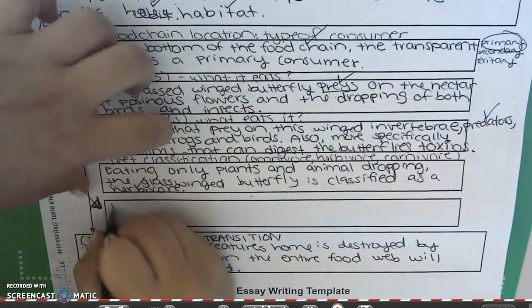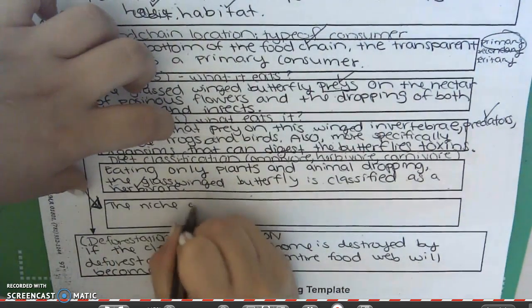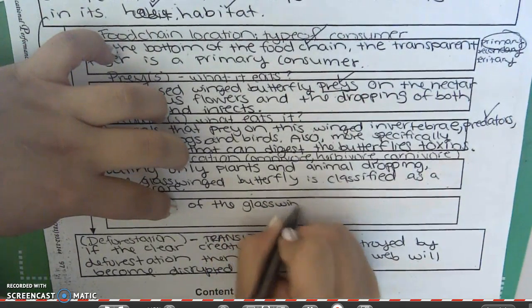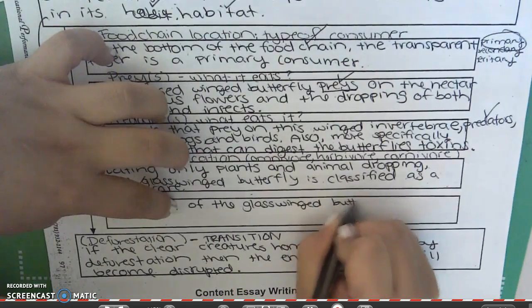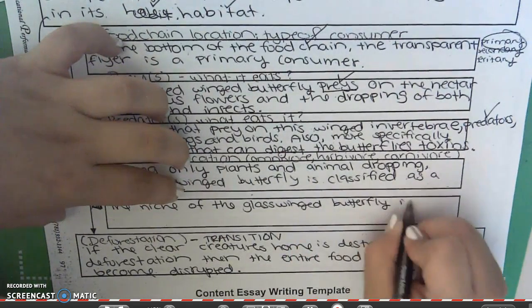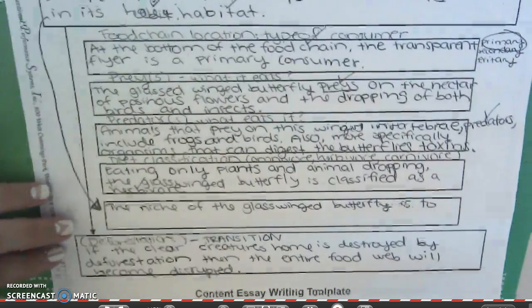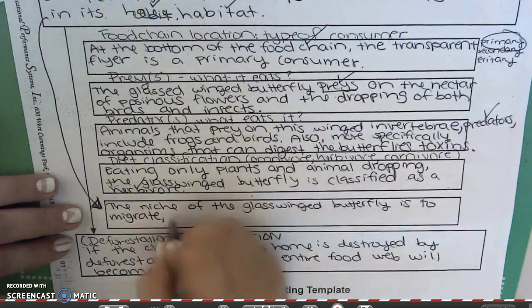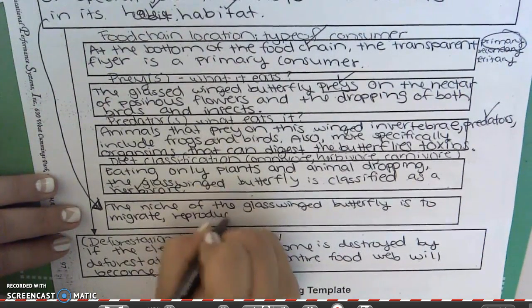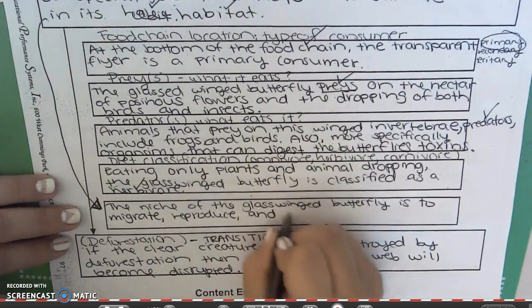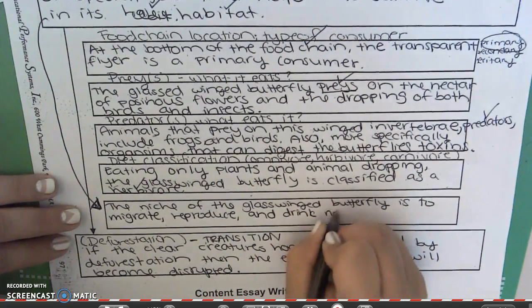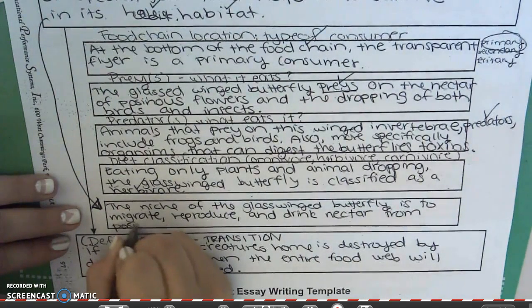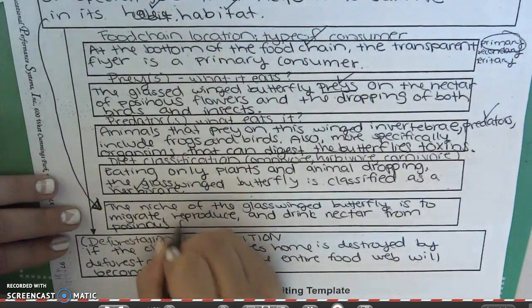So I'm going to write the niche of the glasswing butterfly is to migrate, reproduce, and drink nectar from poisonous flowers.